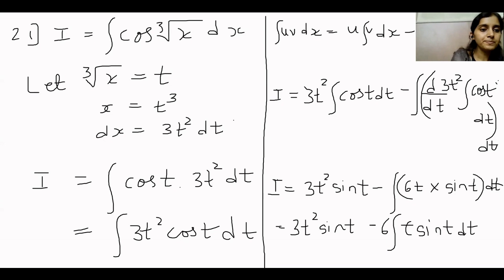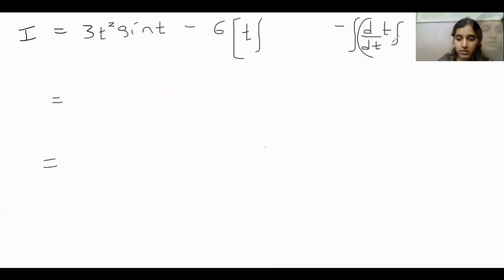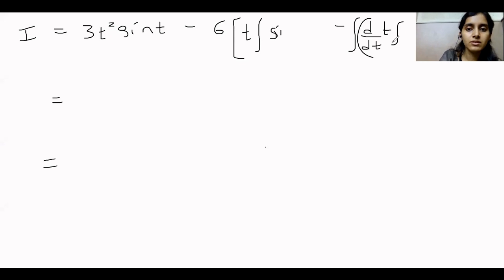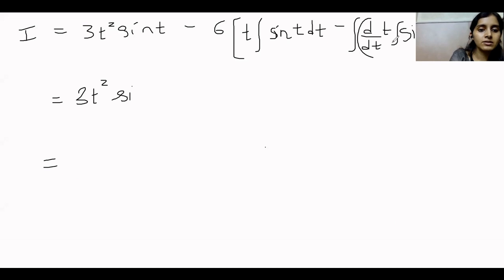I is equal to 3t square sin t, minus 6, using the uv rule for the second function, t sin t dt. So t integral sin t dt, minus integral of d by dt of t times integral of sin t dt. Okay, so we'll have 3t square sin t as it is.